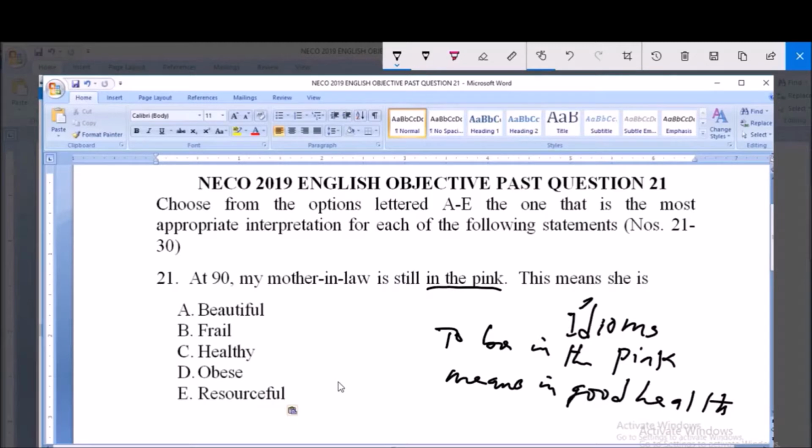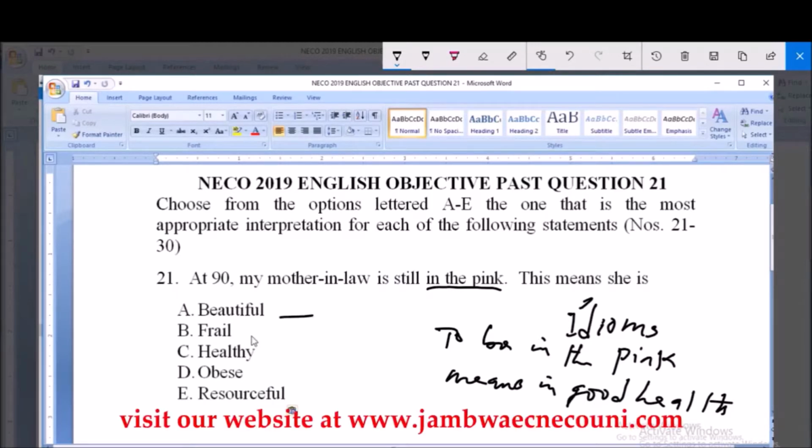So option A says beauty, B says free, C says healthy, D says opsy, E says resourceful.